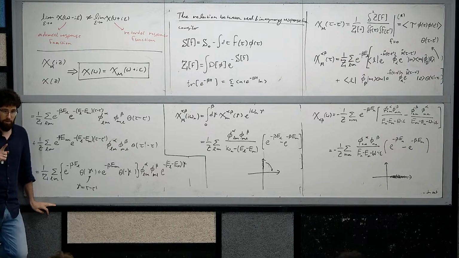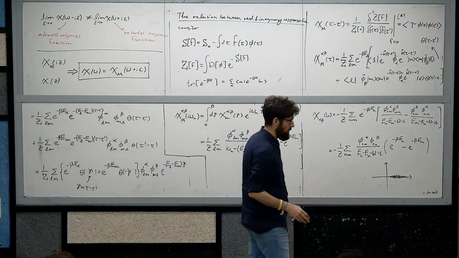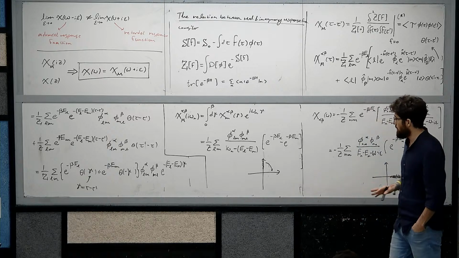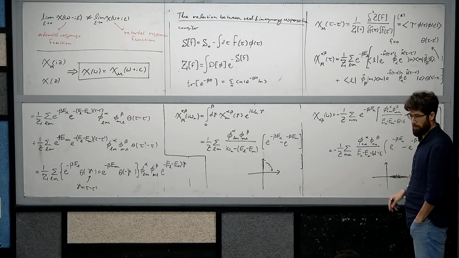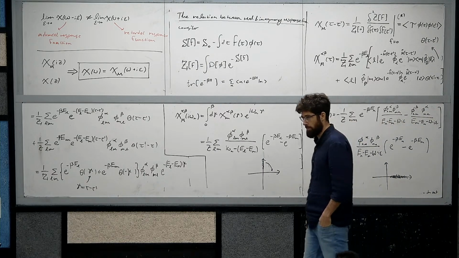Okay, at thermal equilibrium. So notice that we've assumed here thermal equilibrium, and that's very, very important. Because if we wouldn't assume thermal equilibrium, then this whole thing doesn't work. This connection only exists at equilibrium.